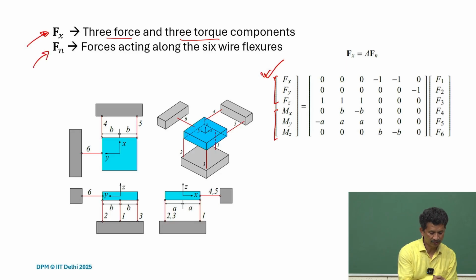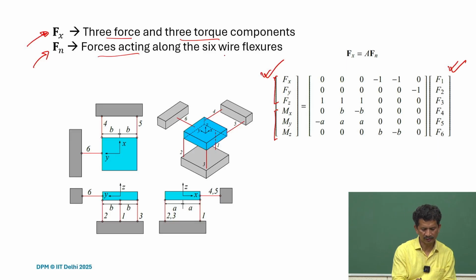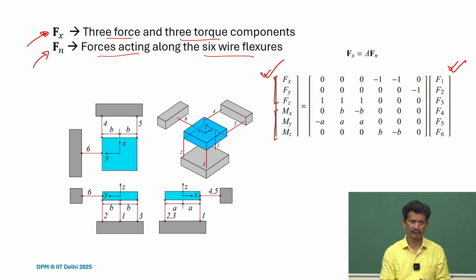And Fn is, again, the forces F1, 2, 3, 4, 5, 6 along the longitudinal directions. So forces acting along the 6 wire flexures lengthwise.